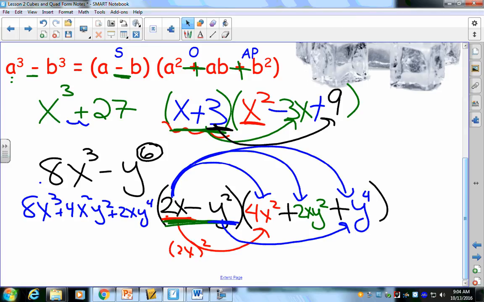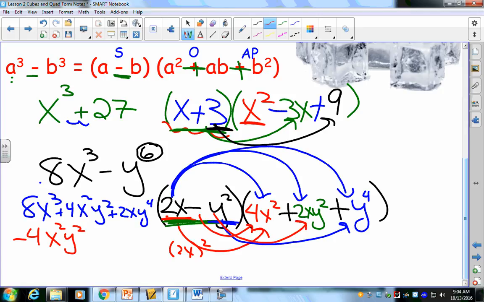All right, now I distribute a negative y squared through. So negative y squared times 4x squared gives me negative 4x squared y squared. Negative y squared times 2xy squared gives me negative 2xy to the 4th. And then negative y squared times y to the 4th gives me negative y to the 6th.